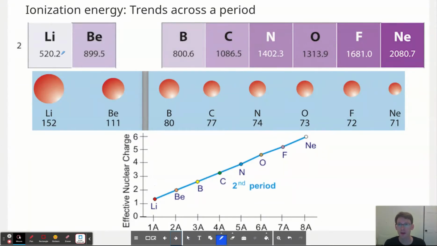Because as we go to the right, we're adding protons to the nucleus, we're increasing the effective nuclear charge, and we know that the attraction of the nucleus for the outermost electrons is increasing because the atomic radius is getting smaller. As we add protons, the valence electrons are getting closer and closer and closer to the nucleus because they're being pulled in more. And similarly to that contraction, well, we're making it harder to rip off the outermost electron, which is why we see this trend, more ionization energy as we go across the period.